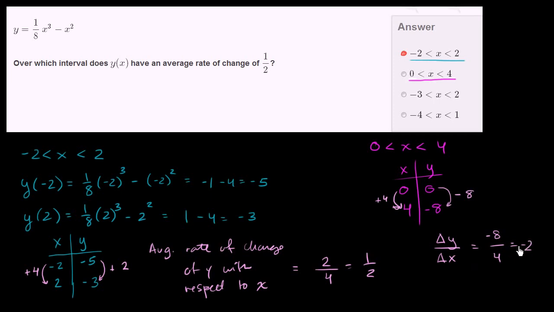It's negative because as x increased, your y decreased. And on average, for every 1 that x increased, y decreased by 2. That's where you get your -2 here. So clearly, the average rate of change is not 1/2. So that confirms that that is not the answer. And I encourage you to try out the other two, which will also give you an average rate of change of something other than +1/2.